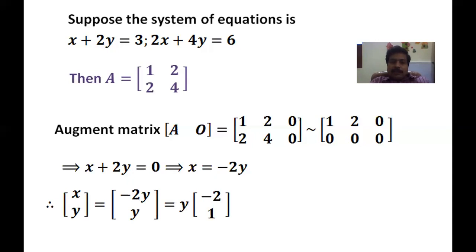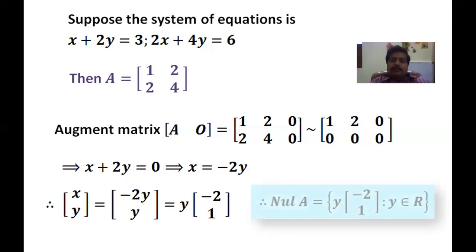Now the null space of A is equal to the set of y times (minus 2, 1) such that y belongs to R. That means any scalar multiple of the vector (minus 2, 1) is a solution for this system of equations. So the basis for null A is (minus 2, 1).